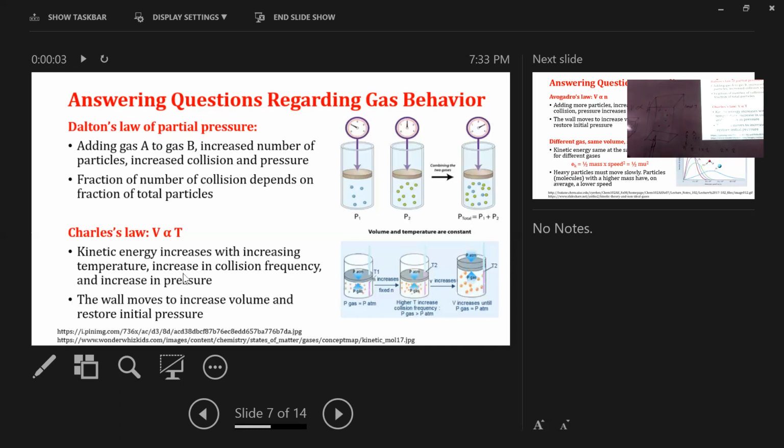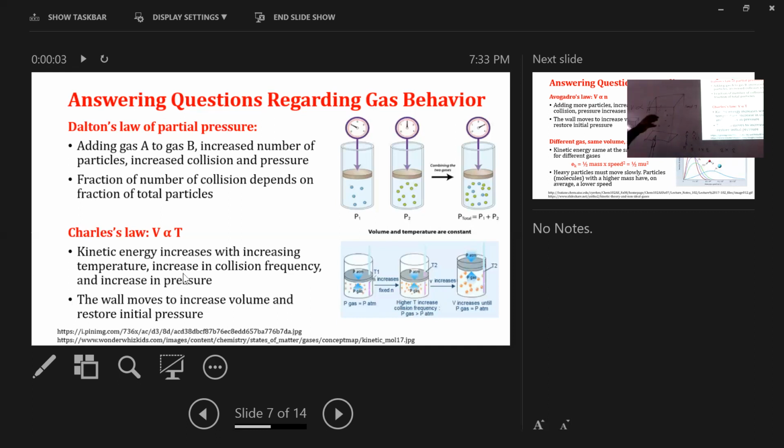Now, if you increase the temperature, that will come as energy. So that energy will come to the molecule. So if the molecule has more energy, their movement will increase. That means the kinetic energy will increase.